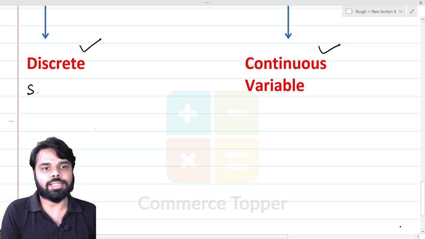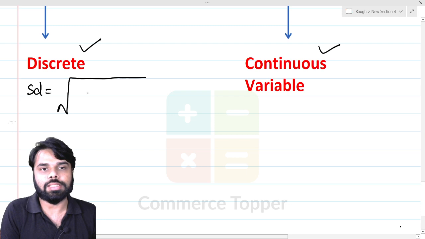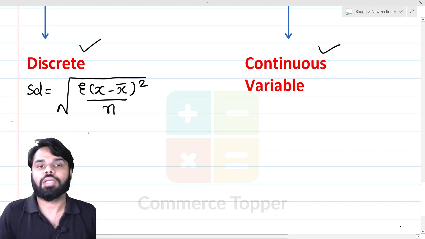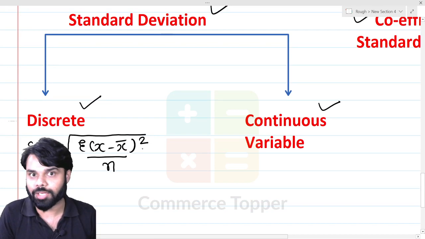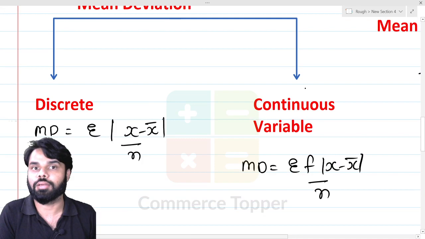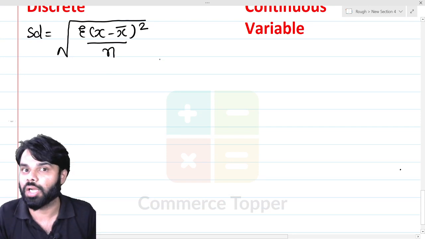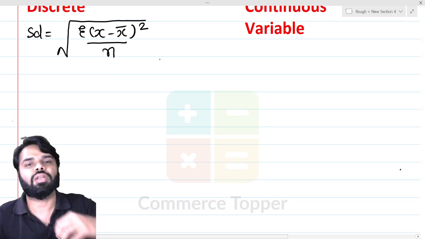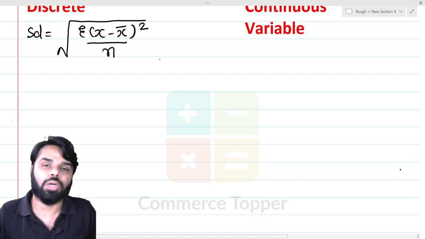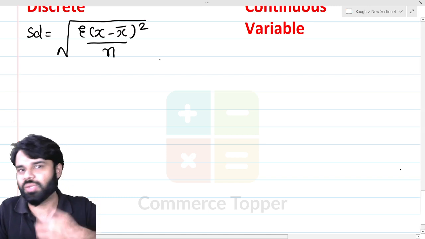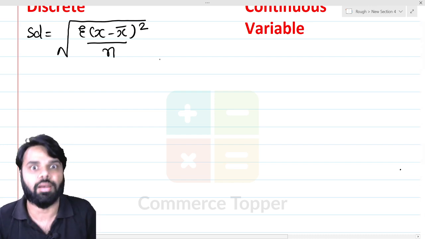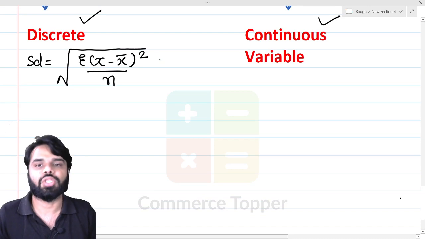The first method is standard deviation equals under root sigma x minus x bar square divided by n. Keep in mind, here you need to square this particular bracket. The square is inside and the square root is outside, so wherever you apply the square, apply the square root there. Sometimes students put the square in mean deviation, but that is not to be done. It is a standard thing: square and square root both are applied, so it is considered standard deviation. It's just a trick, not a specific concept.